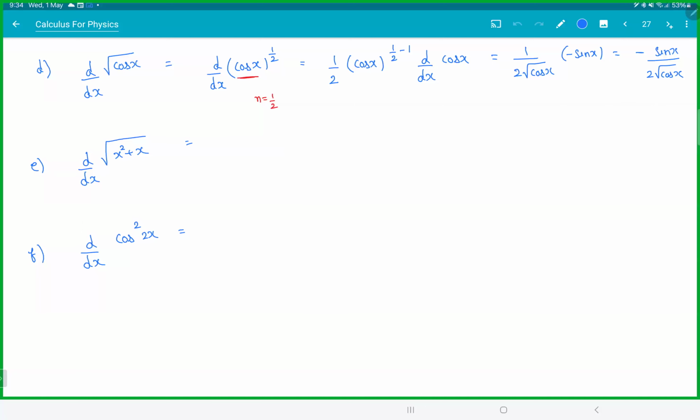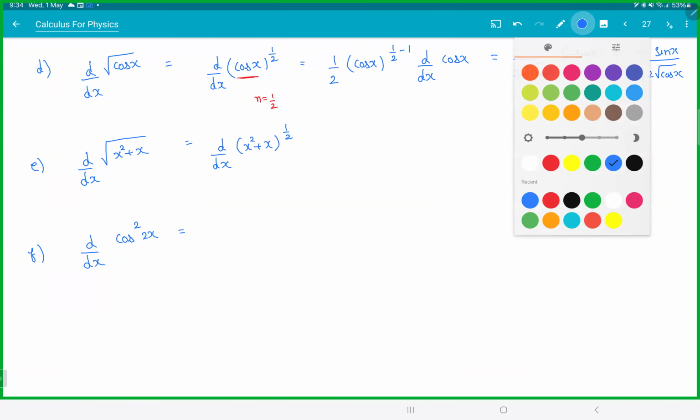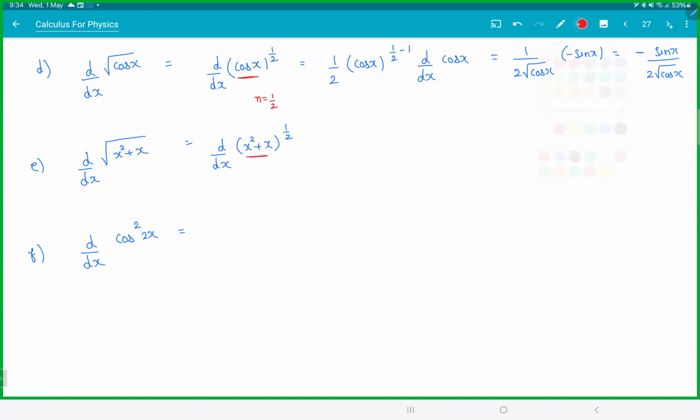Look at the next one. So this is d by dx of x square plus x whole power half. So this is half into that function, x square plus x whole power half minus 1, and then differentiate whatever is inside. That is 1 by 2 root x square plus x, and that would be 2x plus 1.